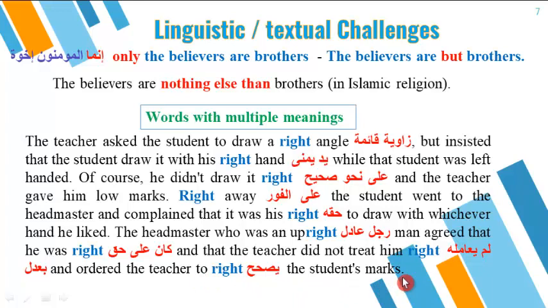So the challenge here is that it's necessary for the translator to have all the meanings of the word right beside him, so that he can choose the equivalent word for each.